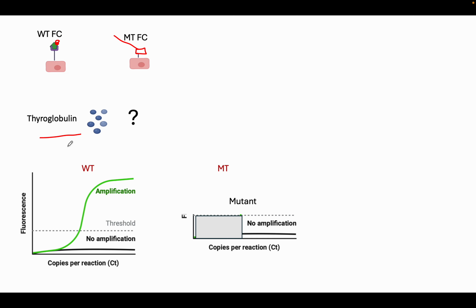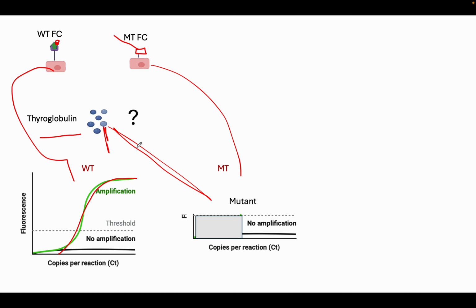So with this hypothesis, I see that the RNA coming from these cells is amplifying the thyroglobulin gene, and these cells are not amplifying thyroglobulin. So what does it mean? It means that actually everything was fine.